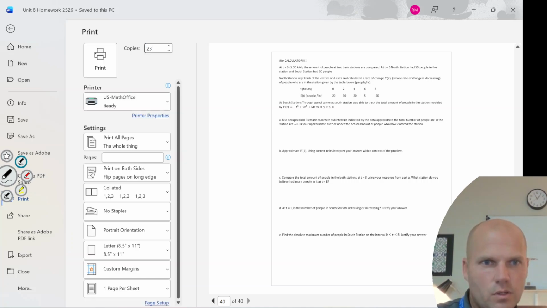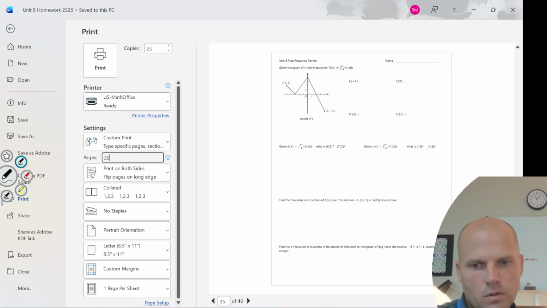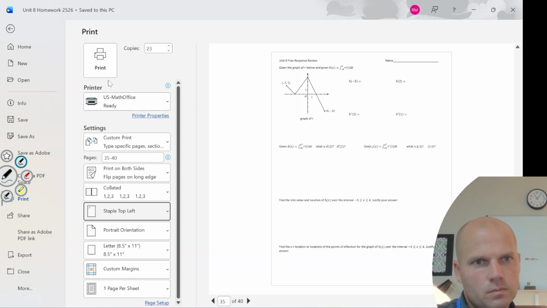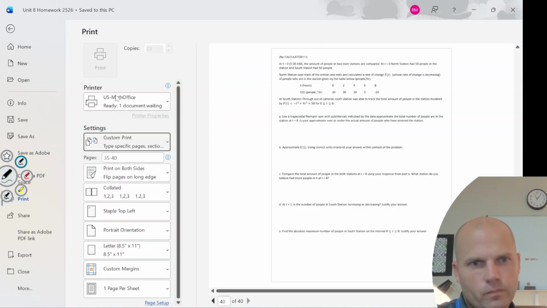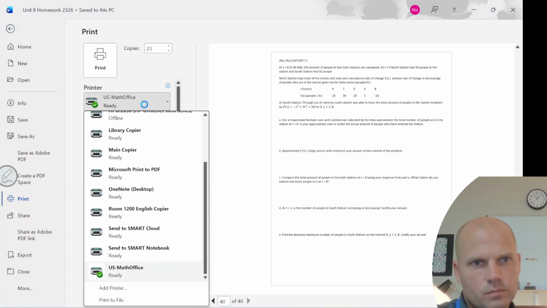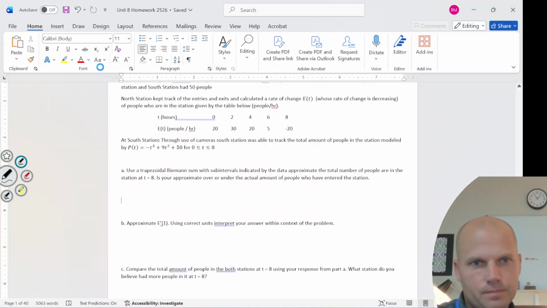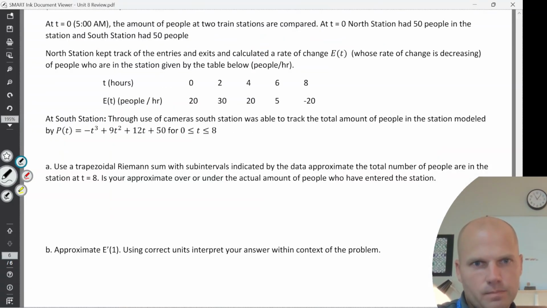Call it 22, 23. 7, 6, 5, 35 to 40. Sorry, if I don't do this now, I'm never gonna do it. I'll save the PDF for a little bit.